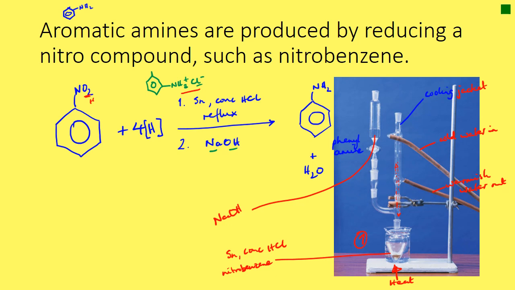So let's have a look at the equipment that we might use. Sorry, that overlaps a little bit. So have a quick look at this, and I'm going to label it as we watch. So we've got a cooling jacket here. I'm going to switch to red so that you can see it against the blue.